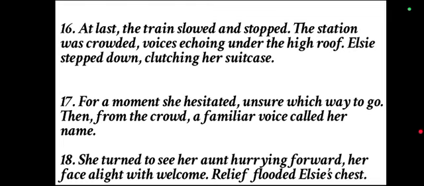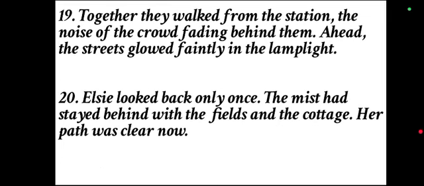Relief flooded Elsie's chest. Together they walked from the station. The noise of the crowd faded behind them. Ahead, the street glowed faintly in the lamplight. Elsie looked back only once. The mist had stayed behind with the fields and the cottage. Her path was clear now.